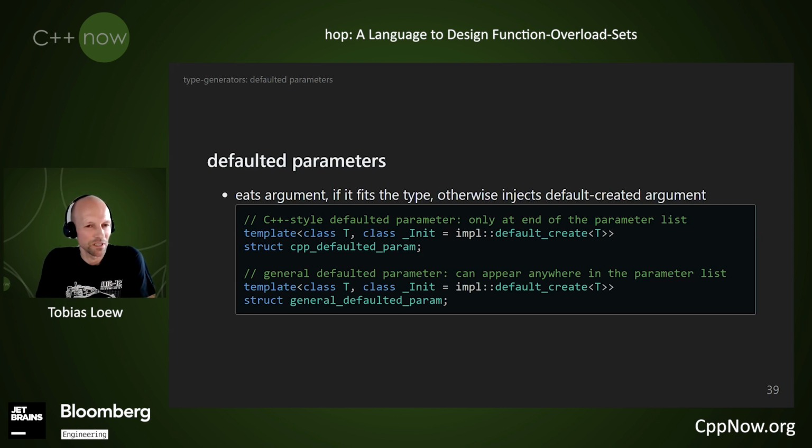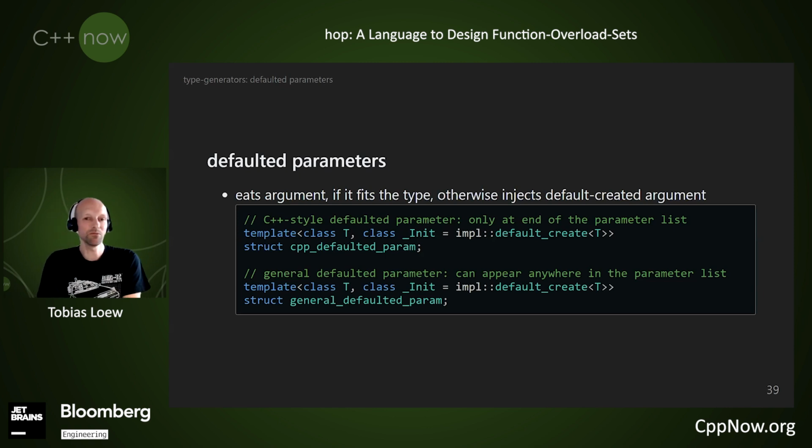So we have classical C++ style defaulted parameters, which are only allowed at the end of the parameter list and which behave like standard C++ defaulted parameters. So if you want to specify the one at the end, you also have to specify the one before it.